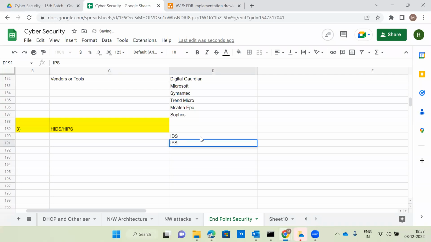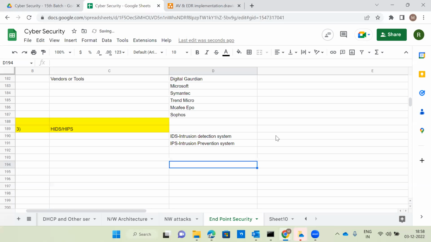So already you know what IDS is. It's an intrusion detection system. The second one is IPS, intrusion prevention system. So what will IDS do?